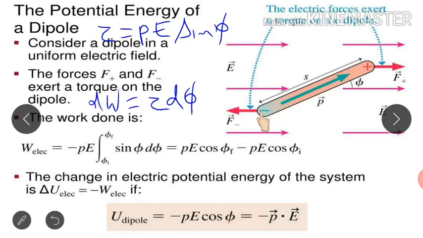This is the electric potential energy of an electric dipole placed in an electric field, and how much is it? U equals minus PE cos phi, which could be written as minus P dot E, the dot product of dipole moment and electric field. So I think this is clear, how to calculate the potential energy of an electric dipole placed in an electric field.